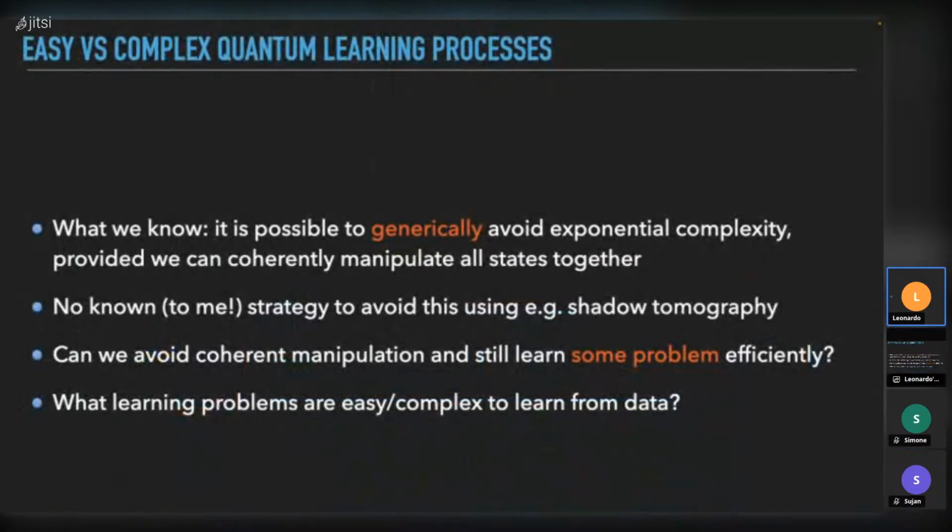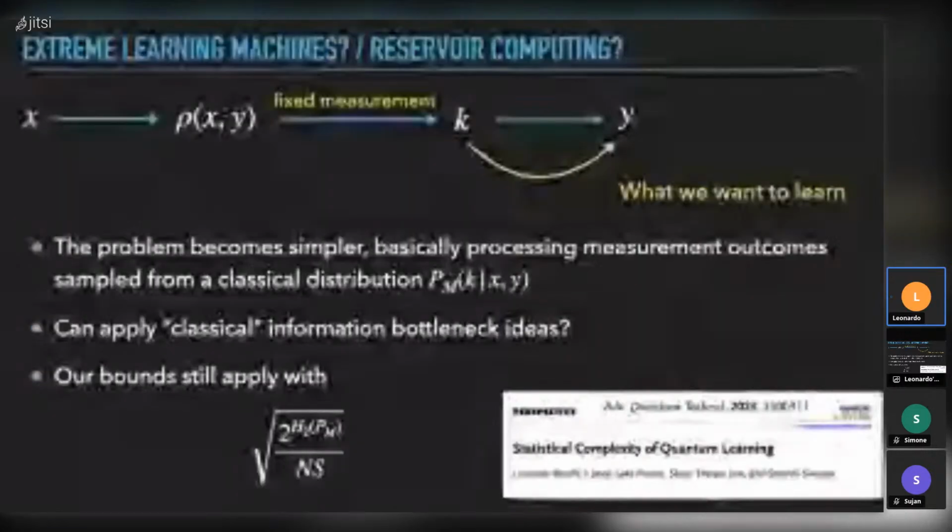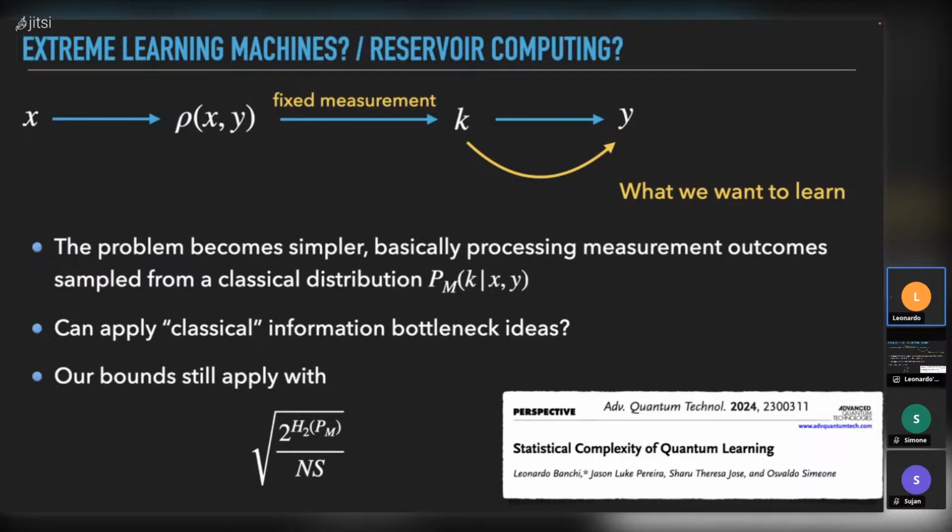So in a simple setting, similar to extreme learning machines, you have some X, you create your state, then you take some fixed measurements, which give you some outcome, and you want to learn the mapping between these measurements and the Y.